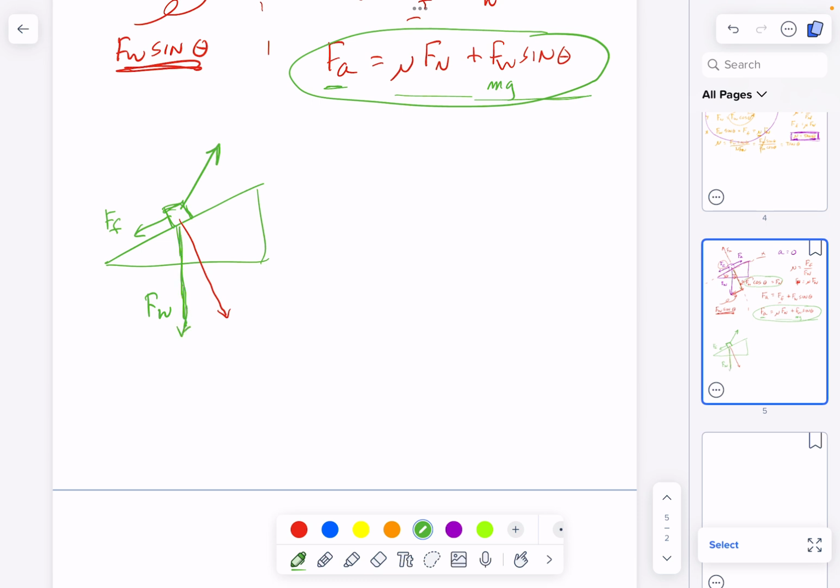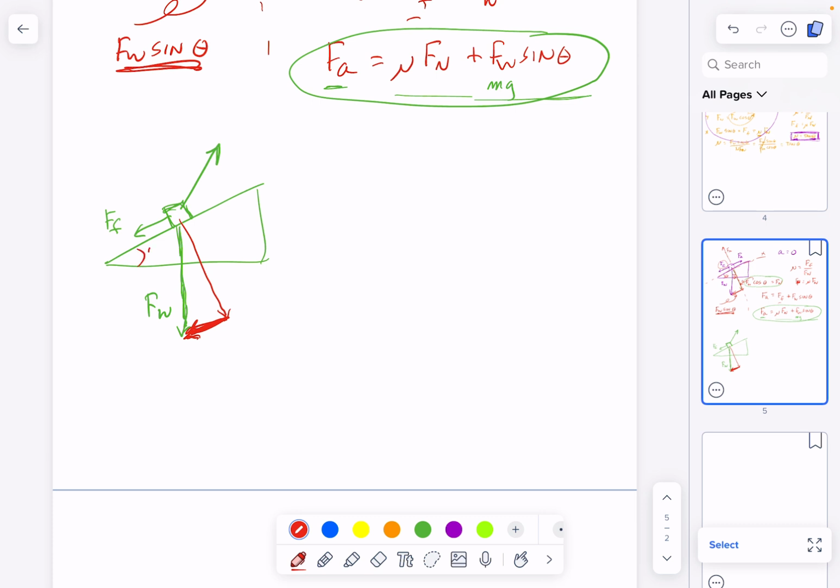Make sure when you make this triangle, by the way, that the opposite component, this one right here, is parallel to the surface of the plane. Sometimes I see students do this, and you do not want to be that kind of student, where when they go to make this triangle, they make it like this. Don't do that. And so I'm going to erase it out of your memory, out of your consideration.